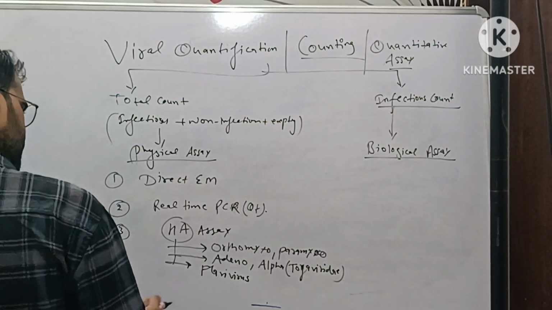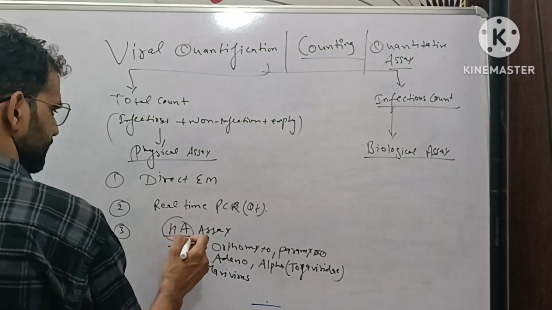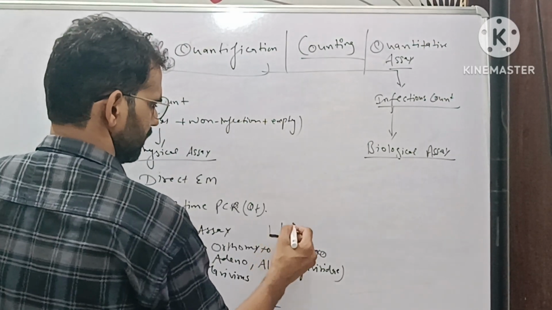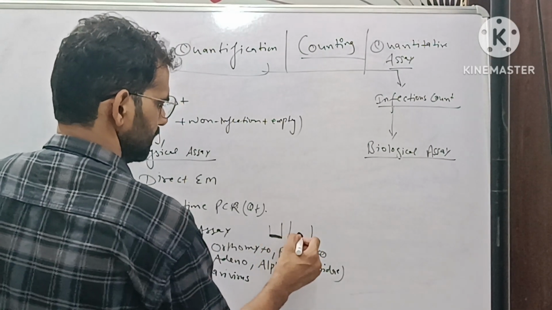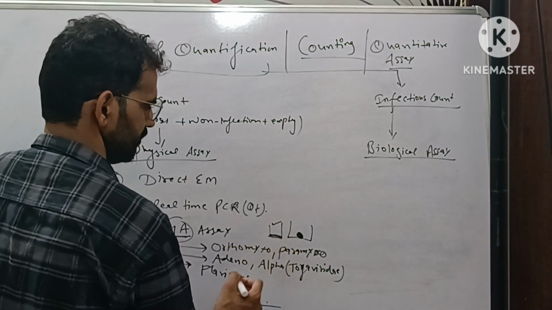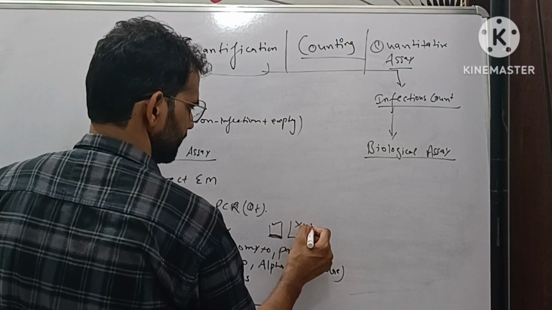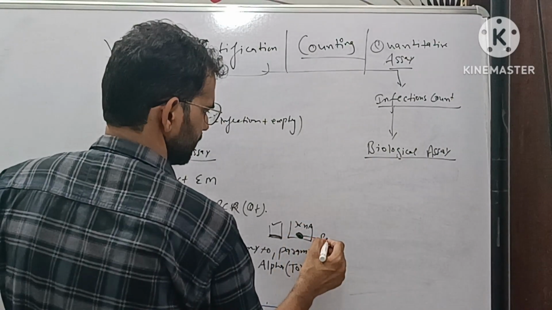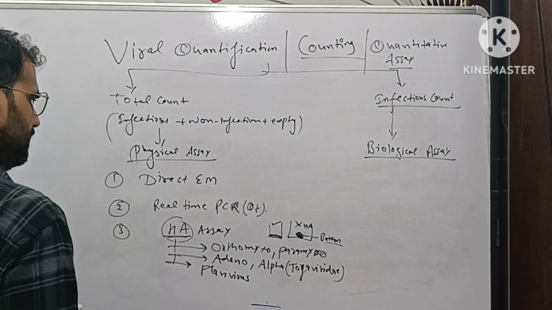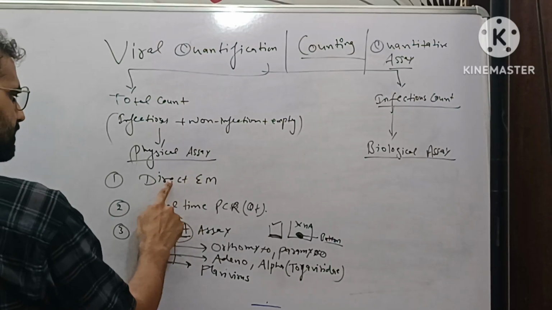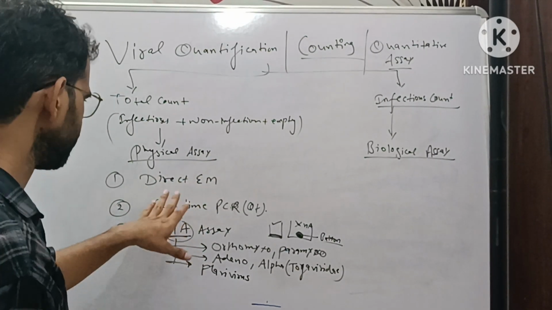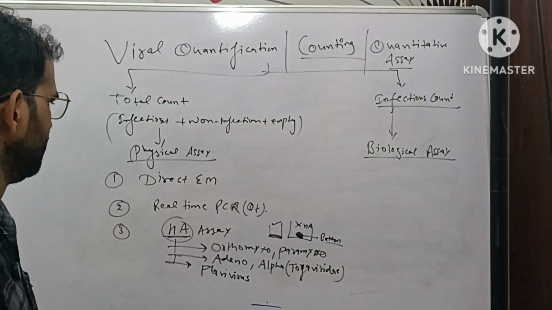So these viruses cause hemagglutination. Hemagglutination may be in the form of a layer or in the form of a button. Hemagglutination present means a thin layer in the form of a sheet. No hemagglutination means formation of a button. So electron microscopy is the best method, but it is very expensive and needs a trained or skilled technician.